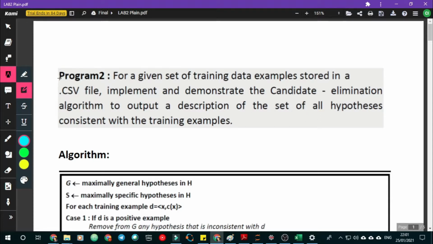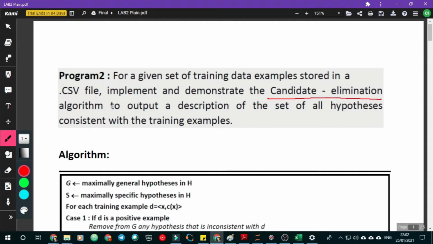Now we are into the second lab program, that is the candidate elimination algorithm. Let's read the program.